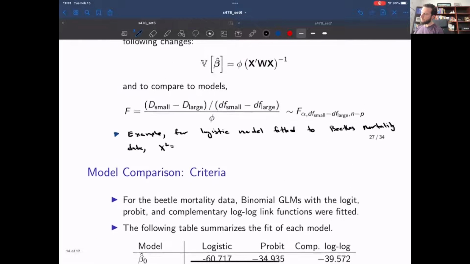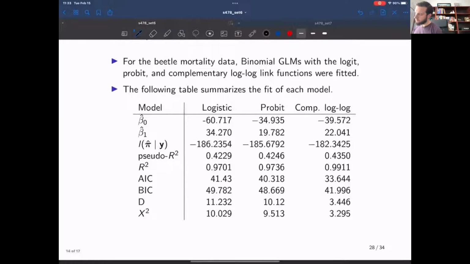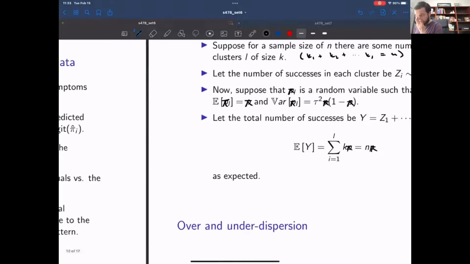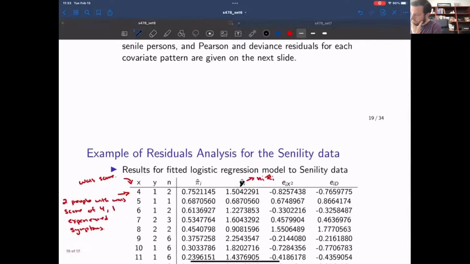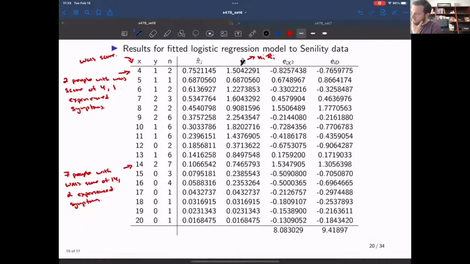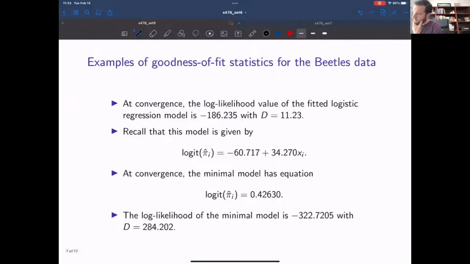We have X squared for this model, 10.029. And the degrees of freedom, there's 2 model parameters. I can't remember, I think there were 6 observations.